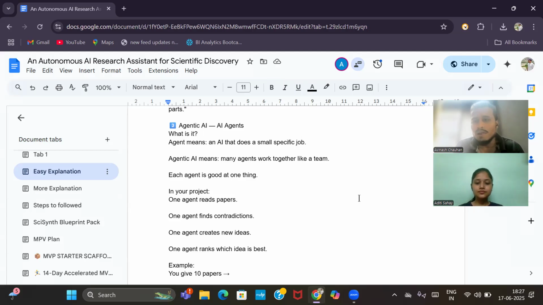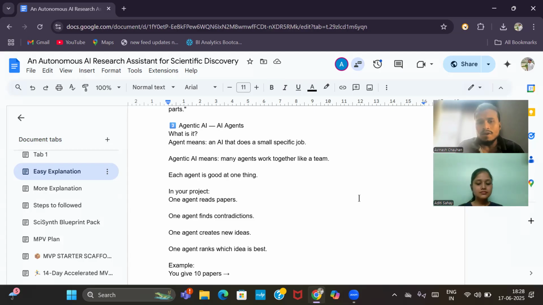So we are dividing our whole workload. If you want to achieve a big goal, you have to divide it into smaller steps. When you achieve those smaller steps, it boosts confidence.